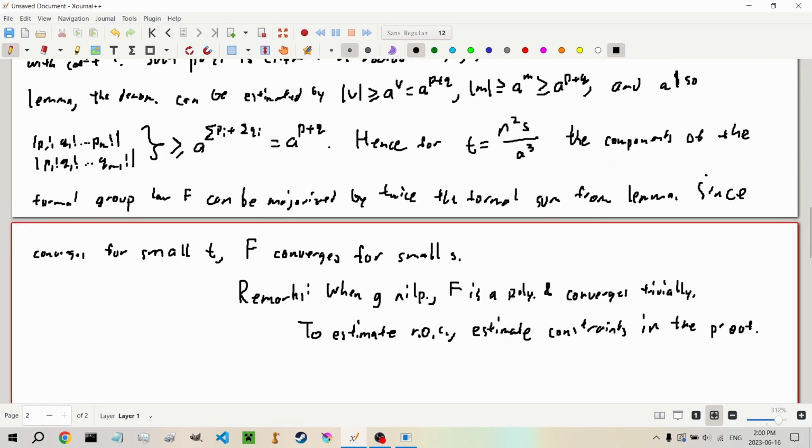Let's see. You can see that the series in our previous lemma 3 converges for t less than square root of 2 minus 1 over square root of 2.